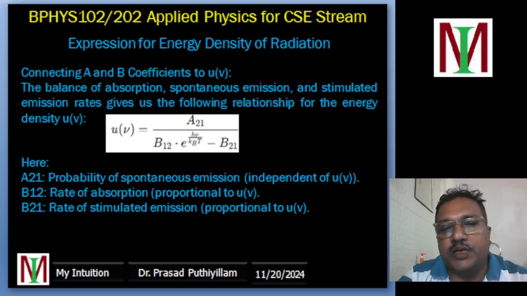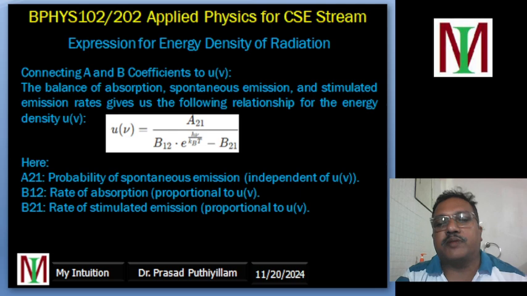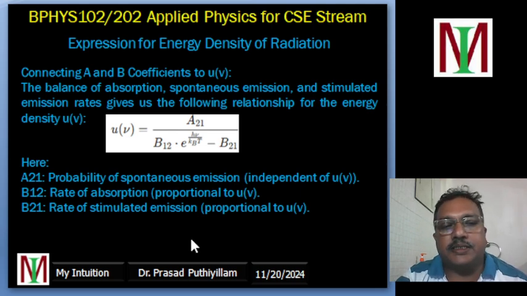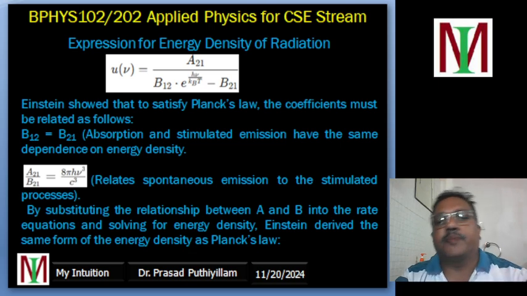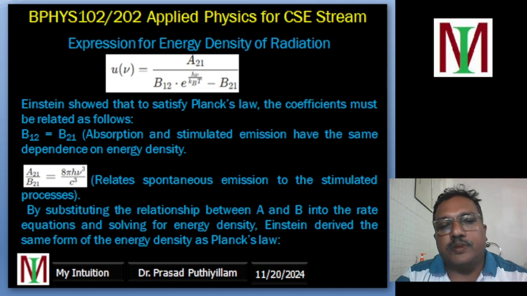That is, absorption and stimulated emission have the same dependence on the energy density. And A21 divided by B21 is equal to 8 pi h nu cube divided by c cube, which relates the spontaneous emission to the stimulated process.